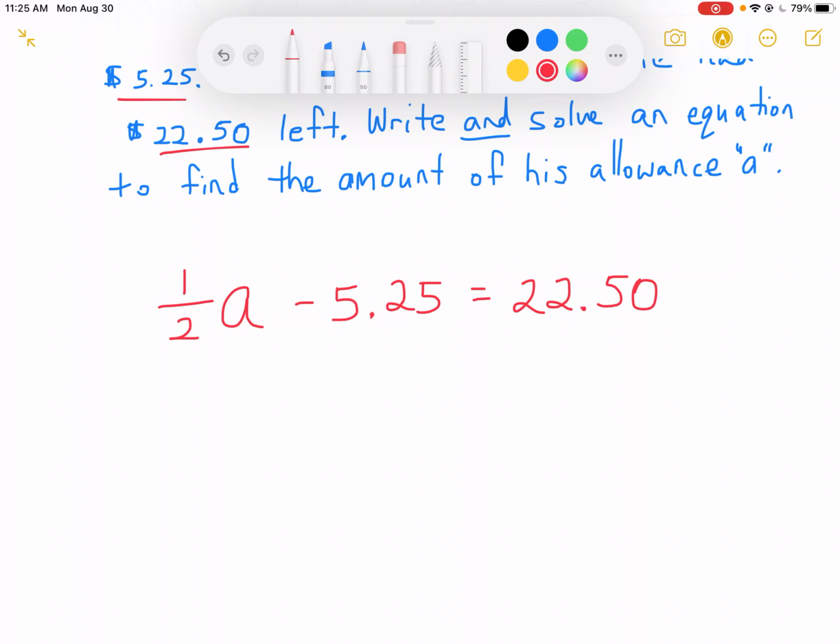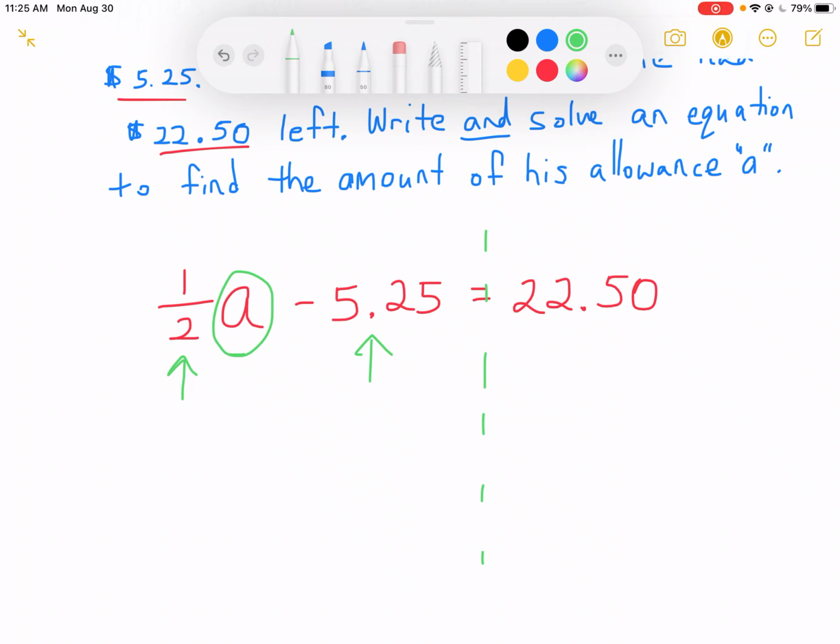Now, we are using similar principles to what we did on the previous section where we did one-step equations. So I want to find my variable, and then I have two different things I need to remove. I start with my dotted line, draw the equal sign, and circle my variable.